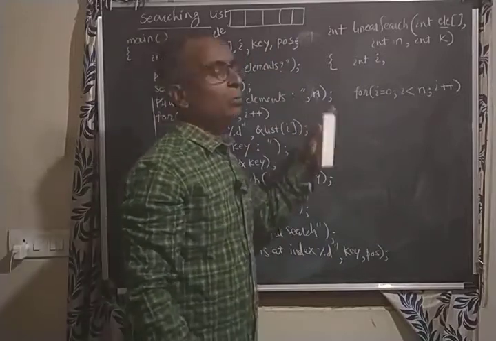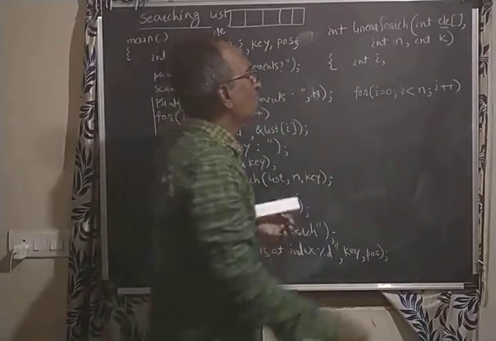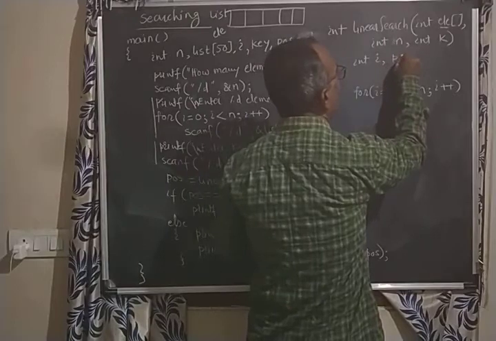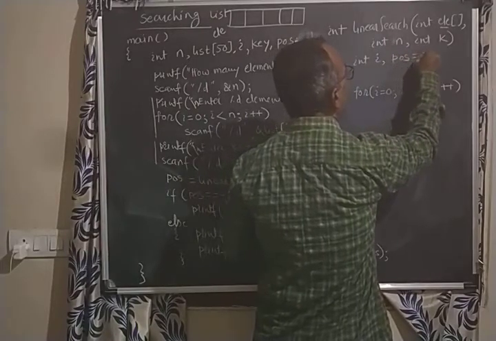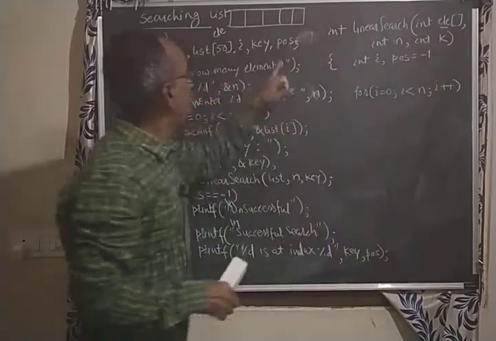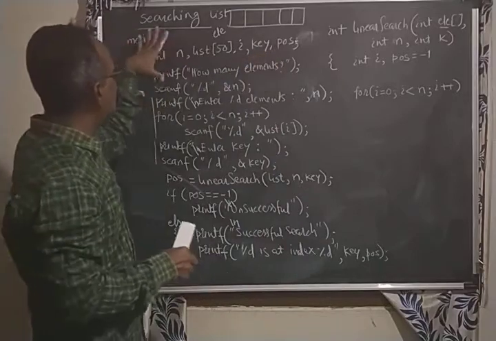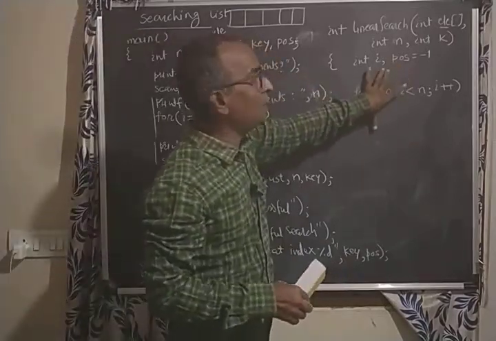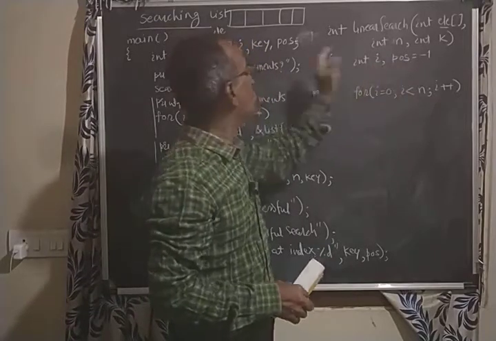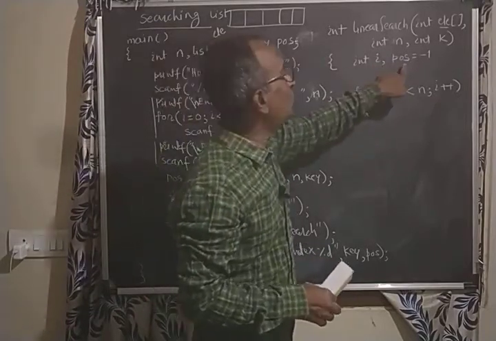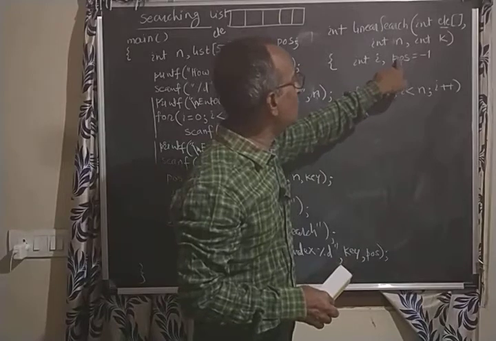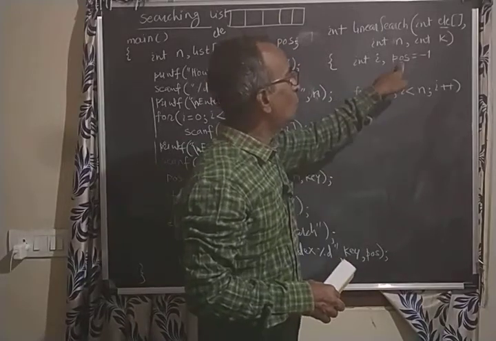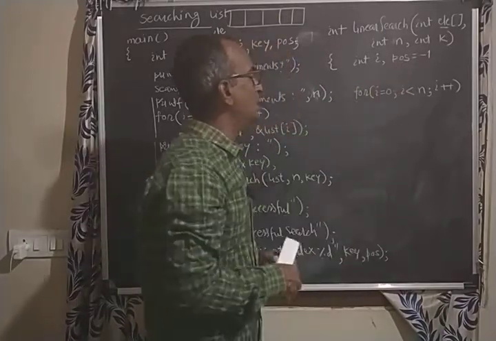Then we have to keep the position. So I'll say position, and this position I'll set to -1. This pos is different. This position is accessible in main, while this pos is accessible in this function only. So this position is local to this function, and we will set it here.